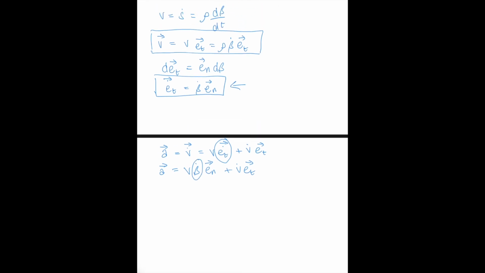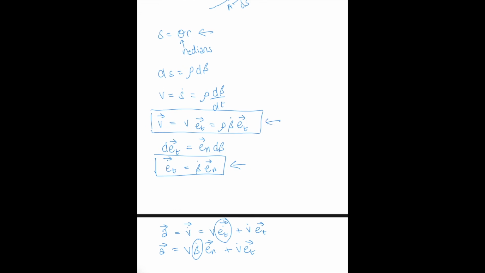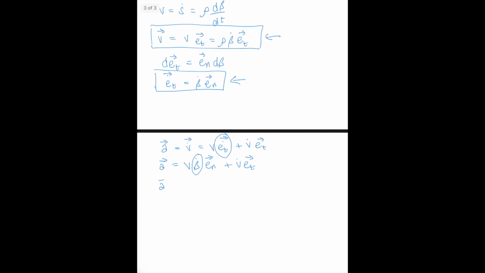This can be substituted even further by substituting the beta dot with this equation over here, which would give us v squared over rho en plus v dot et. This is the final important equation we're going to need.